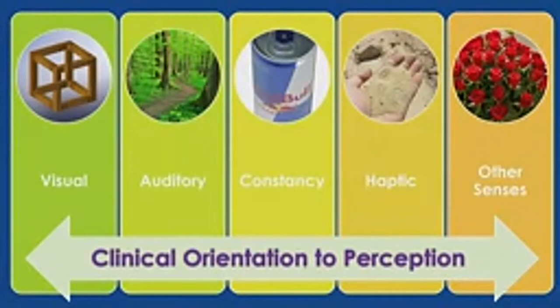Okay, so you really understand the difference when you're in different situations. Haptic is touch and proprioception. And then our other senses of taste, smell, balance, pain, our internal organs. These things are really important in looking at how we interact with the world. But we're going to focus on visual perception today because it does relate closely to cognition.